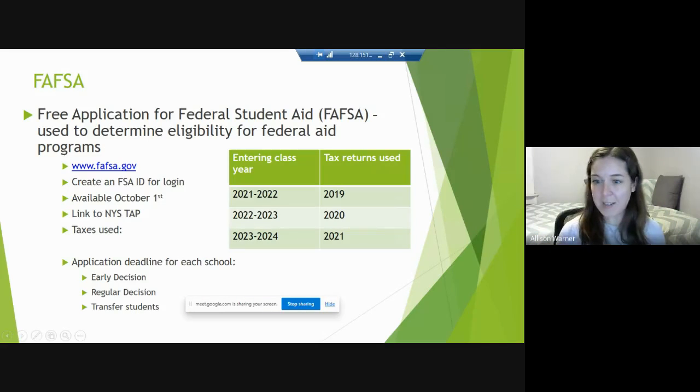Like Christina said, I'm going to be presenting on the application process and a little bit more of the nitty-gritty in terms of what kind of grants and scholarships you might be eligible for. And of course, talking a little bit about having a special circumstance and what you can do to present that information to any of the institutions that you apply to.